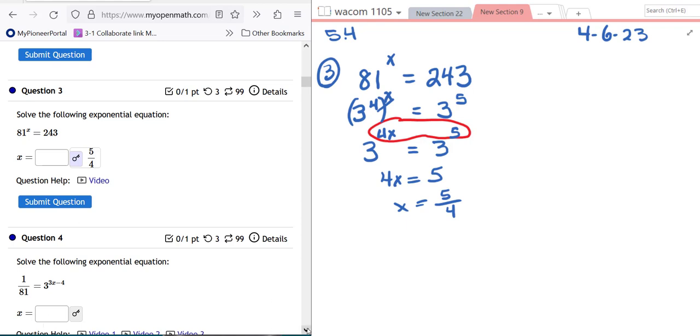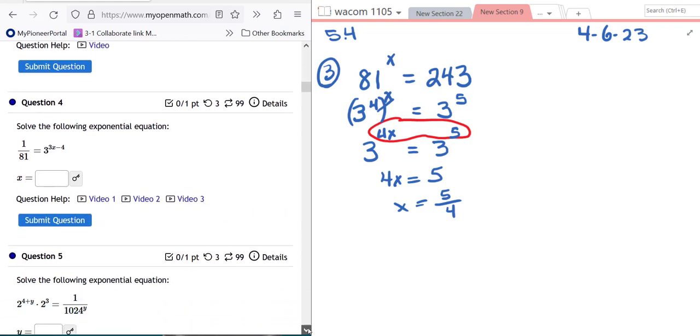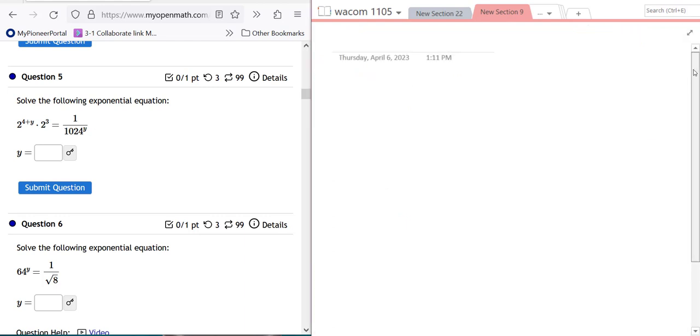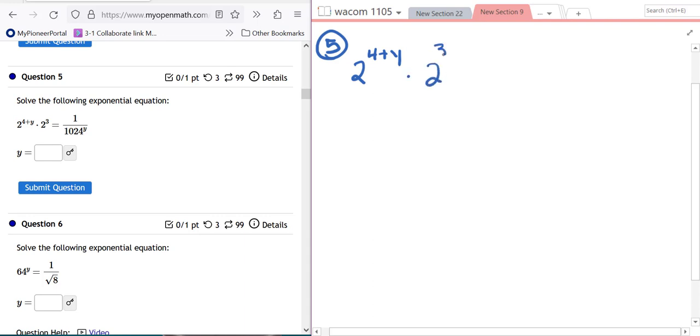We'll go down to problem 5. And this one just had a little bit of tricky work on it. It's still an exponential equation. So we have 2 to the 4 plus y times 2 to the 3rd equals 1 over 1024 to the y.